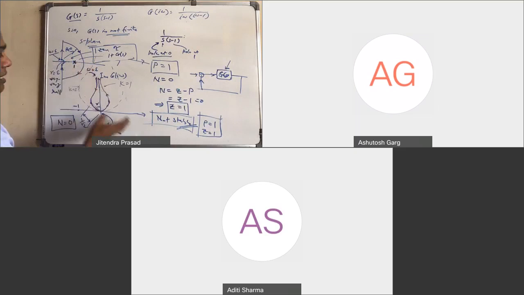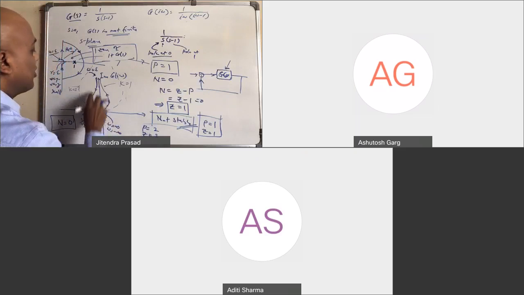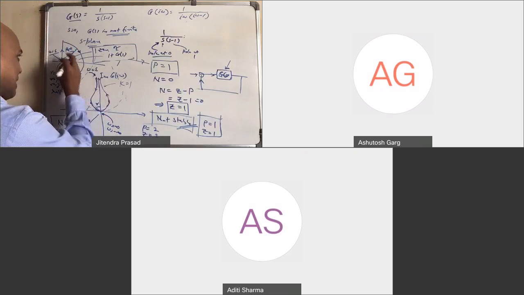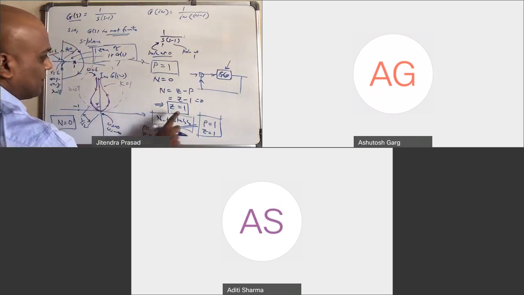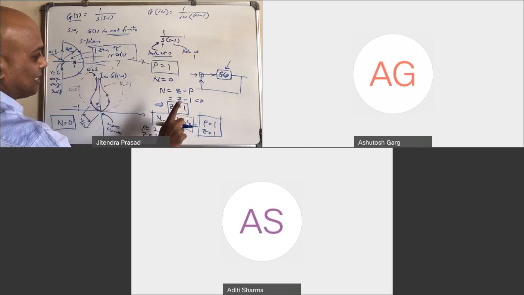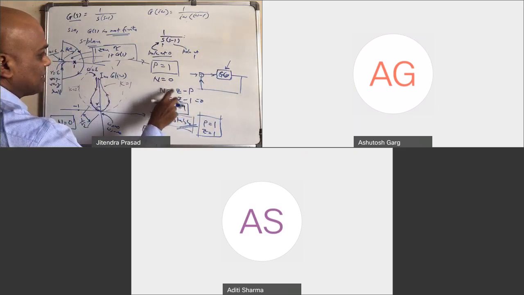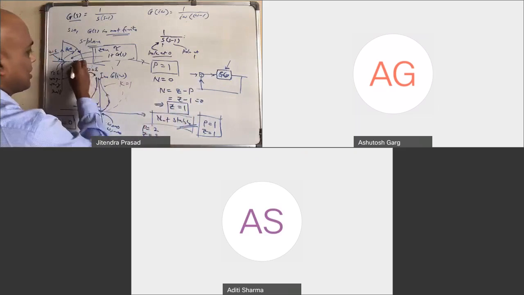So if you count both of them, then P equal to 2 and hence Z equal to also 2, since this is not encircling. In this case, we are bypassing it, and hence you are getting Z equal to only 1, I mean P equal to only 1.